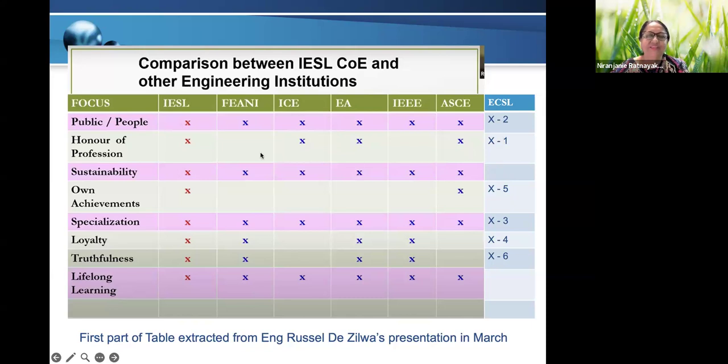But I agree with you, when you say that since we are already IESL engineers, there's no conflict, because we are already doing everything that they want us to do. Right? Agreed?